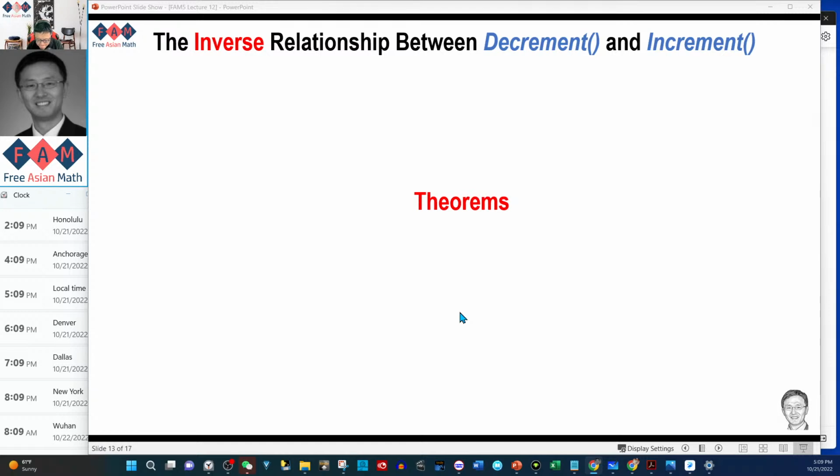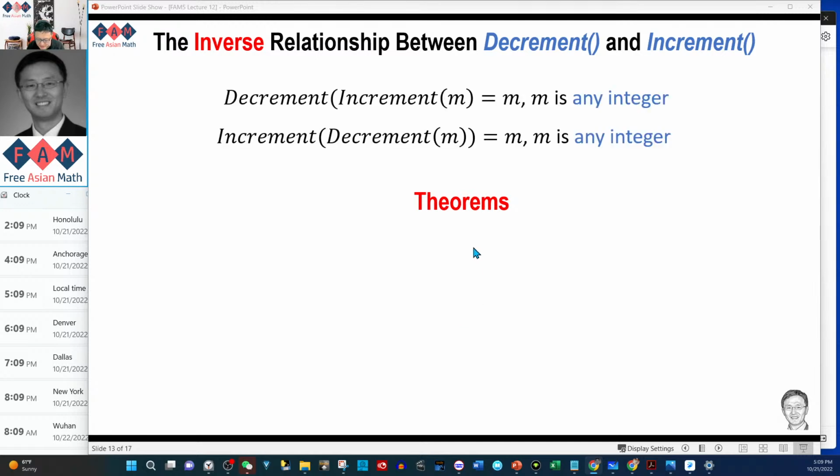Okay, so now we have some exciting stuff to do. First, we just review what we just said, right? Increment, decrement, decrement, increment. As long as you put the two back to back, it doesn't change a thing. You get exactly the same original number. And importantly, this is not limited to, say, not going beyond some point.